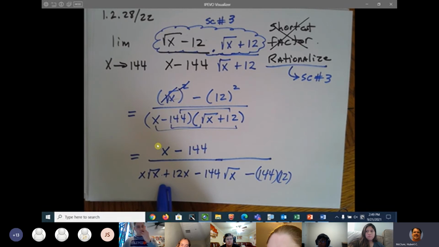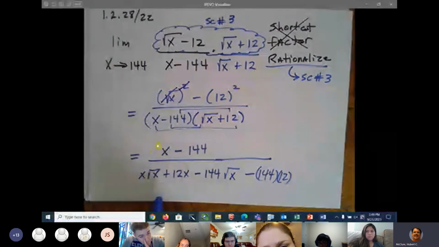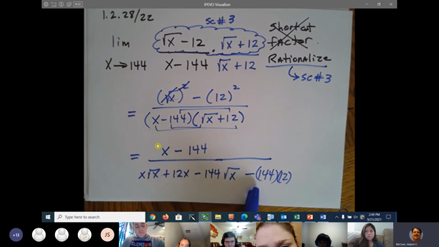We could rationalize the denominator. That would be a mess. So I'm looking to see if there's anything you can simplify here. There's nothing you can simplify except that. And it's going to give you 0.